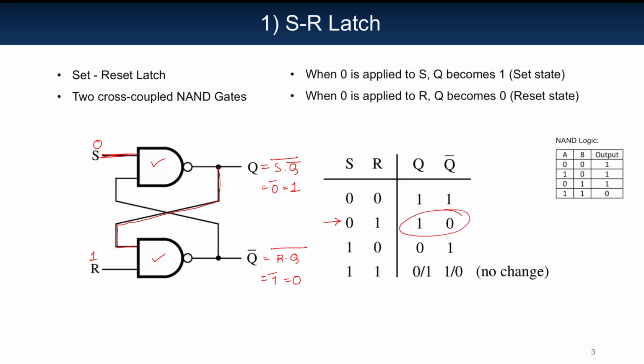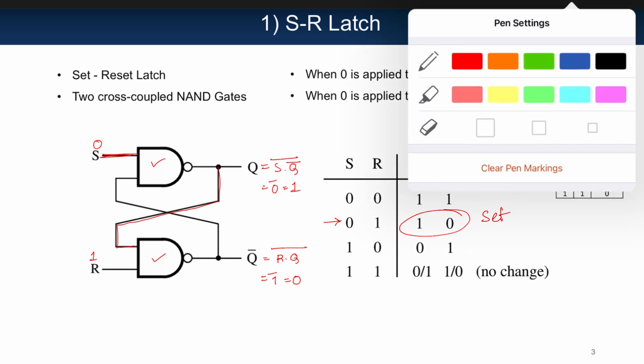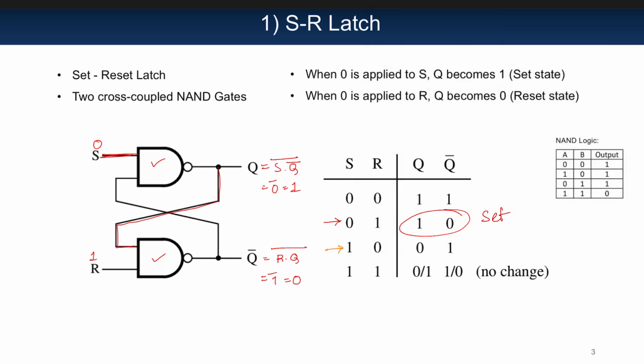So we find this state, which is called the set state. Then if we look into this condition where S is 1, R is 0, it works just like the previous one. Now Q bar becomes 1 and Q becomes 0. This makes our second state, which is the reset state.